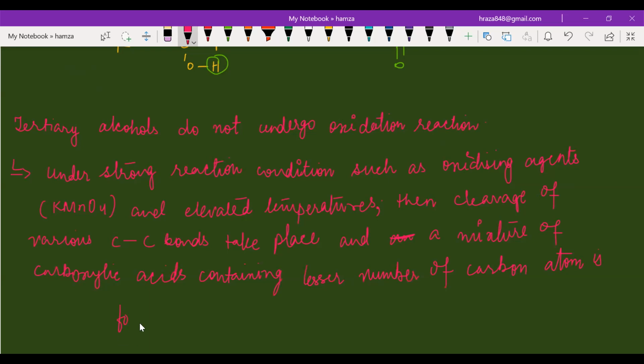It's very simple. First, it will be broken into multiple parts and there will be formation of carboxylic acids with fewer carbons than the parent. Please do write it. This is it for today.